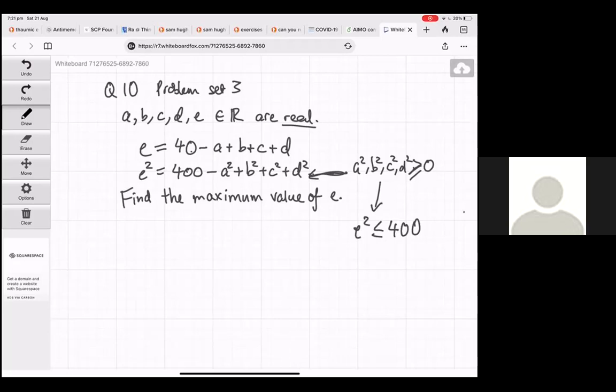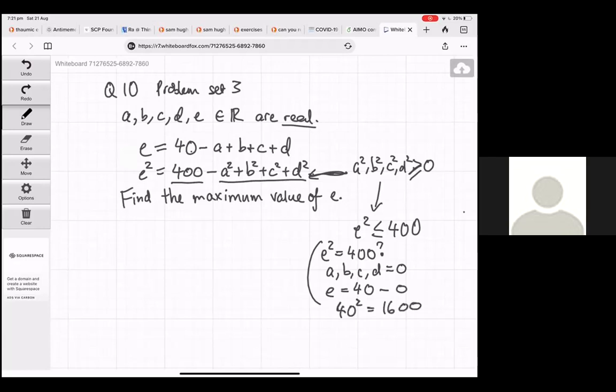Okay, so what would happen if E squared was equal to 400? Then that would mean that A, B, C, and D would have to be 0 to make that happen, because 400 minus 0 is 400, which means that E is equal to 40 minus 0 from the first equation here. But then 40 squared is 1600, which is not 400.